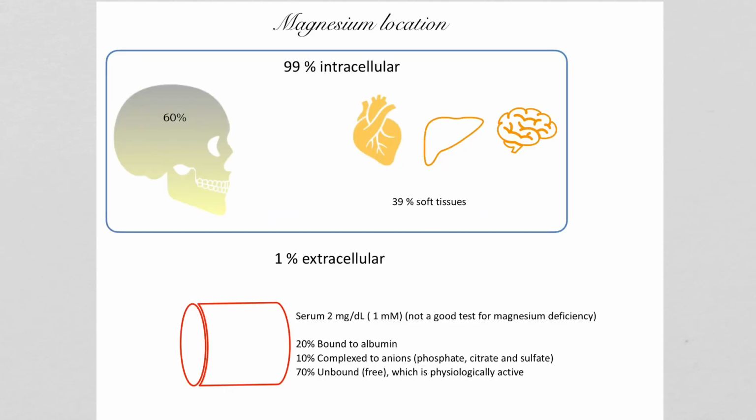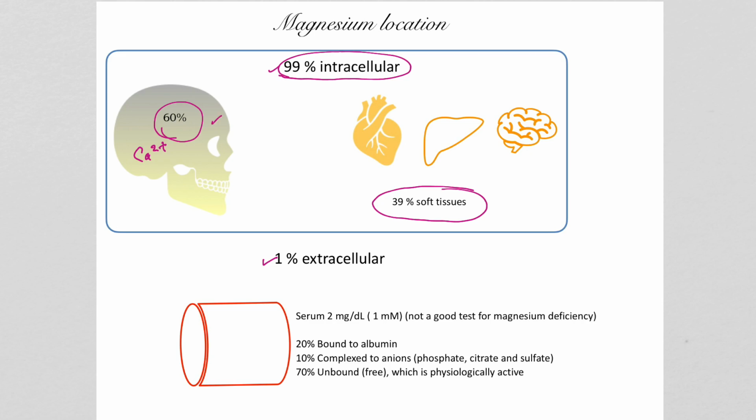So where is magnesium located? 99% of magnesium is inside cells, only 1% is outside cells. And of the ones inside cells, most of your magnesium is in your bone, your skeletal system, which is quite similar to calcium. Because of their similar chemistry, not surprisingly, magnesium and calcium are located in more or less the same place. Soft tissue has about 39% magnesium.